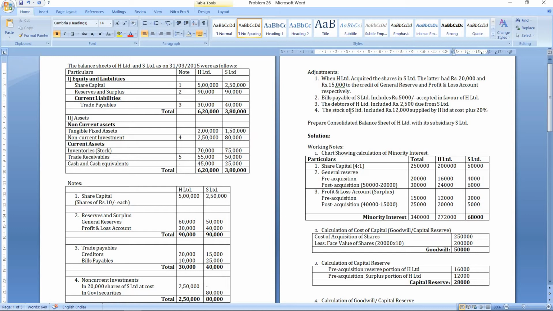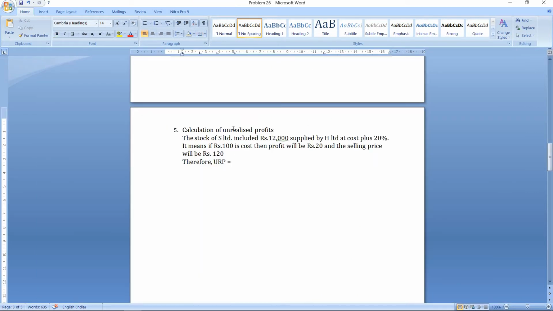Just look at this: the stock of S Limited includes rupees 12,000 supplied by H Limited at cost plus 20%. That means if the cost is 100, the profit will be 20 and the selling price will be 120. So we can have calculations like this for your understanding.